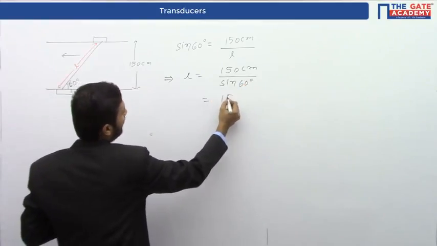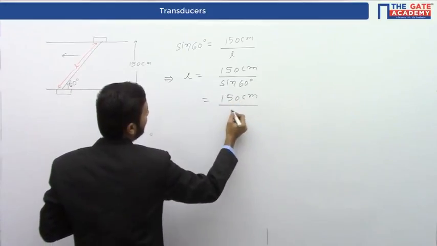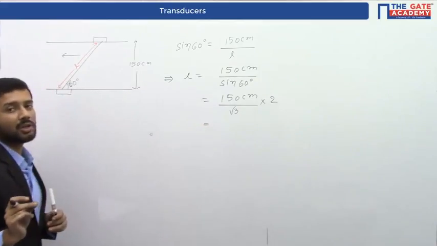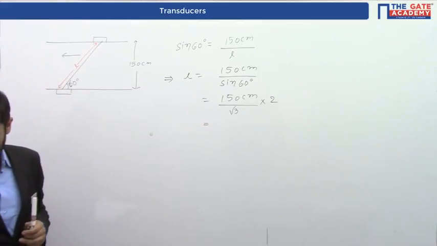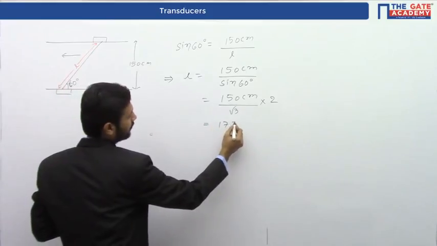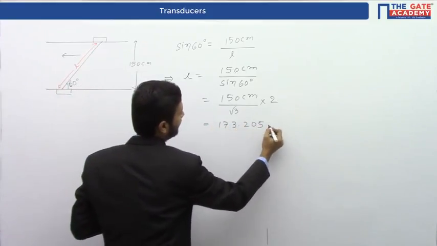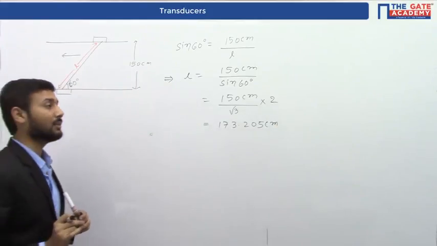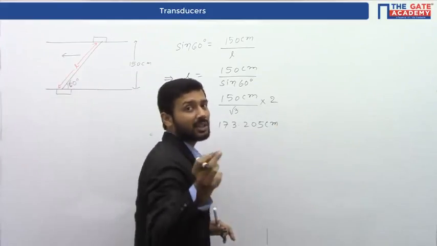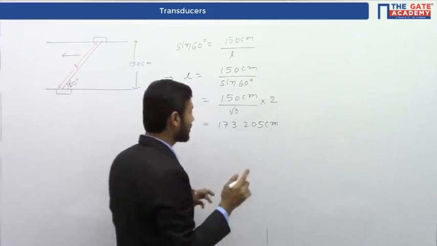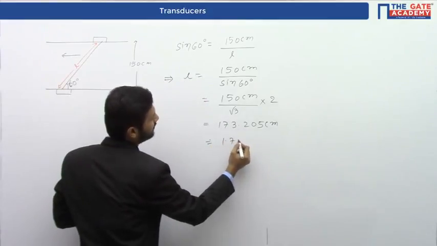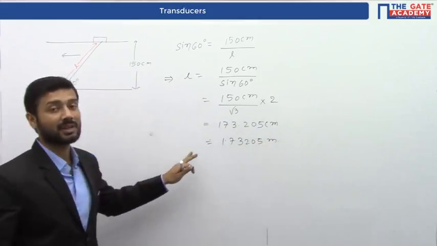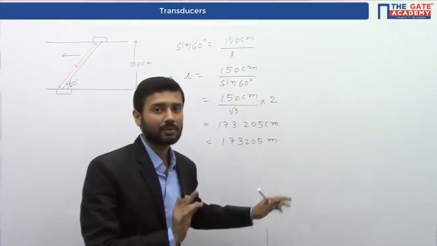So this is 150 centimeter by root 3 into 2, which is nearly 173.205 centimeter. We can write it in meter also, approximately 1.73205 meter.